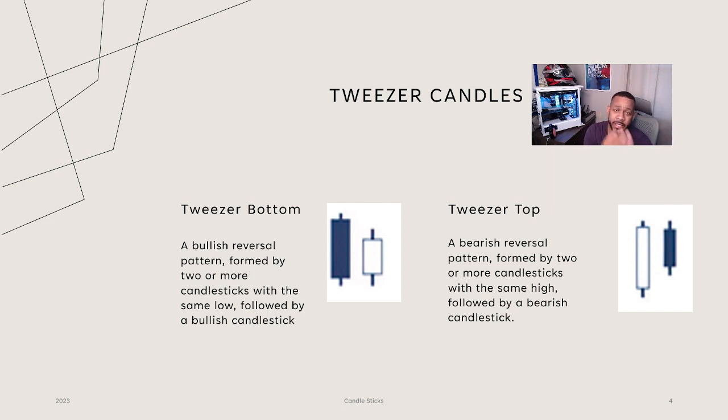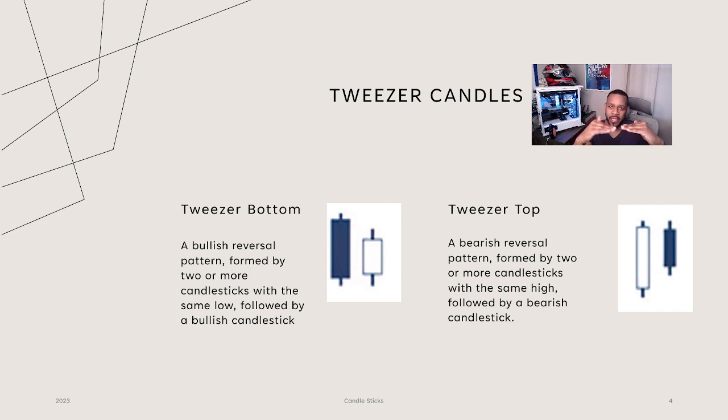It moved from bearish to bullish. And it says right here, a bullish reversal pattern formed by two or more candlesticks, right? With the same low followed by a bullish candlestick. So same low, right? So a bearish candle opens high and then goes low, and then it makes a little wick on the bottom, then it closes, right?